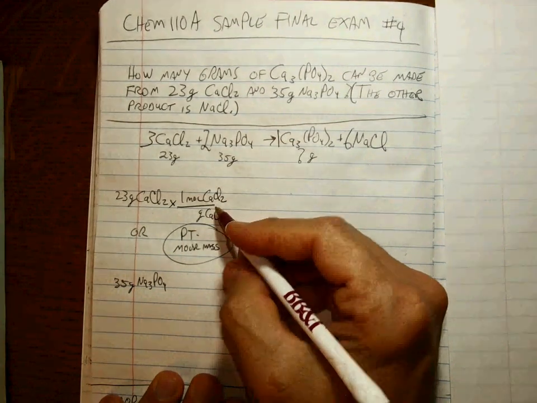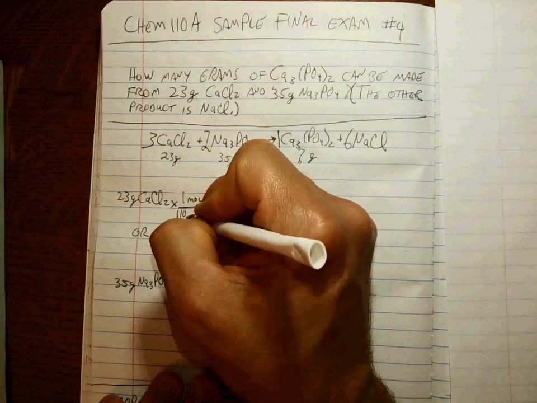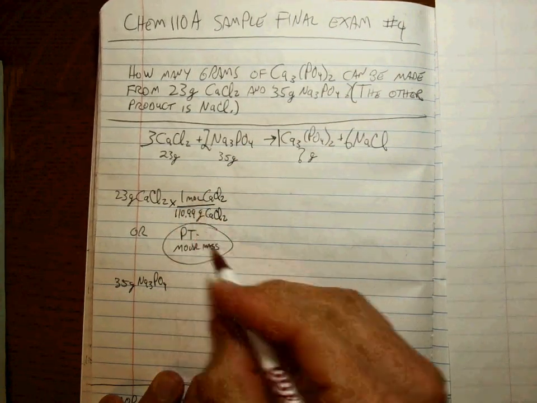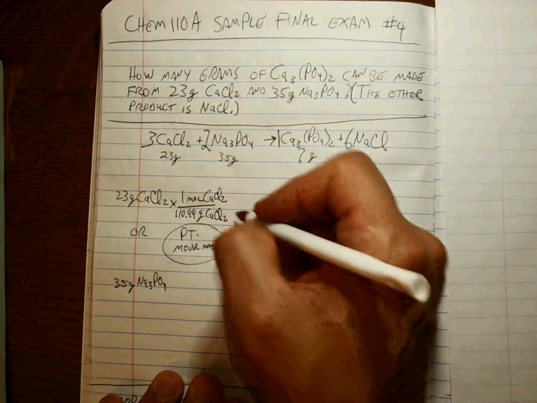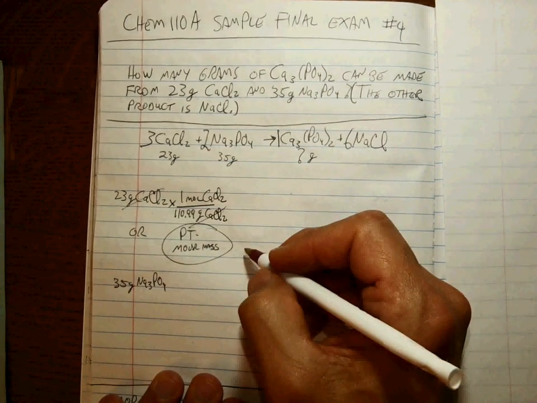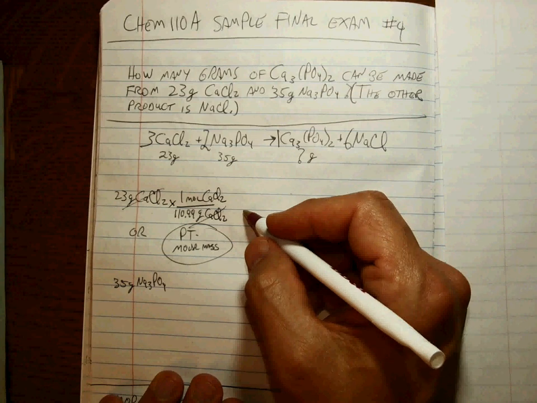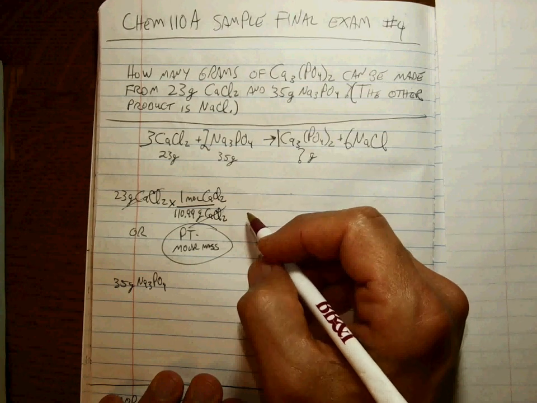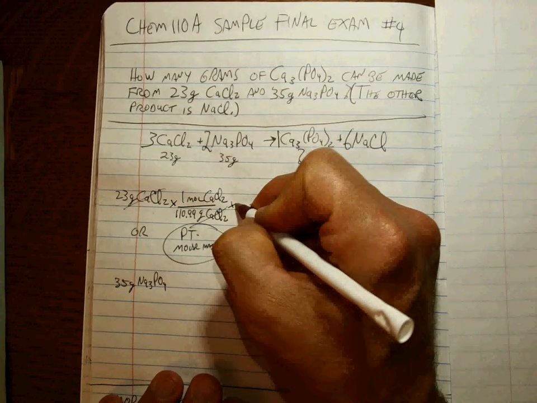We look this up. It's 110.99 grams, 1 calcium and 2 chlorines adds up to that much from the periodic table. Cancel something out from before. You should be used to this because in the first 3 problems here, you've done this 1, 2, 3, 4 times. We're going to do it 2 more.